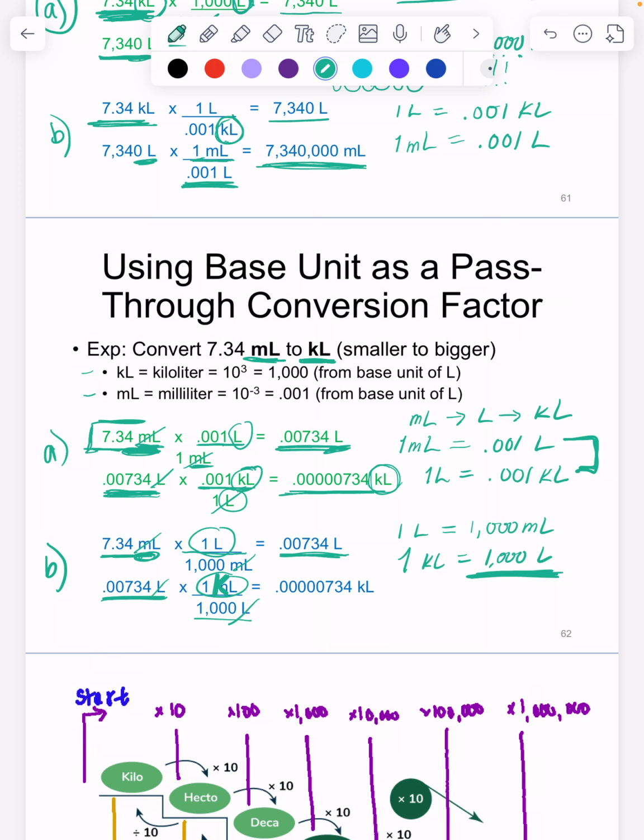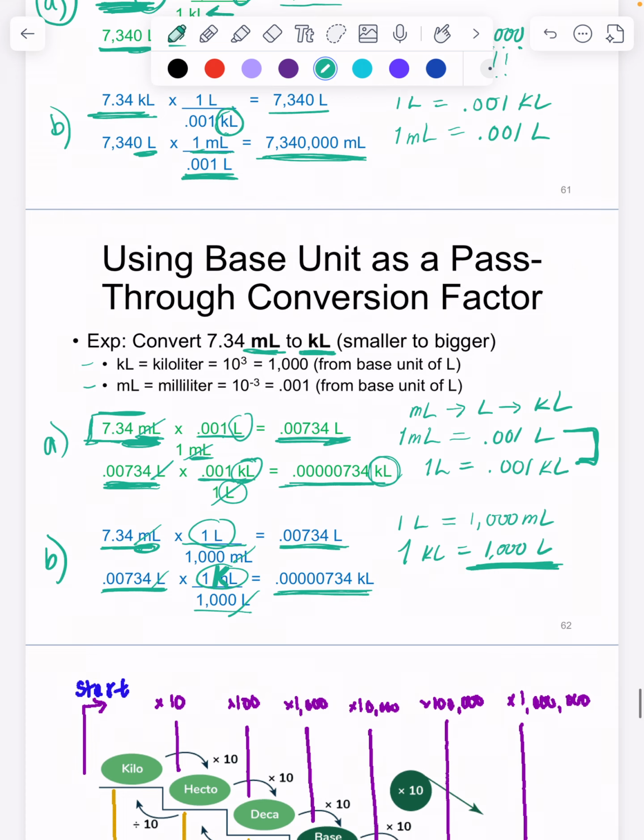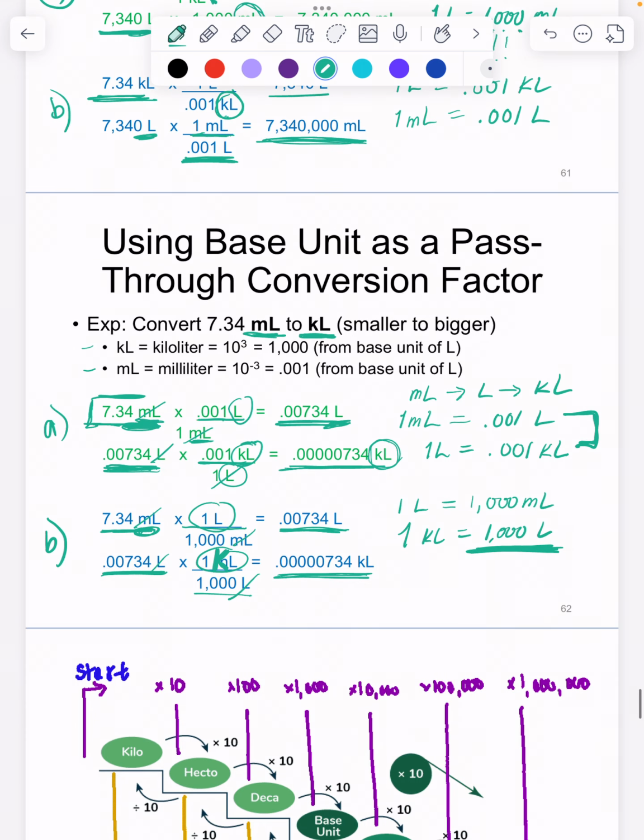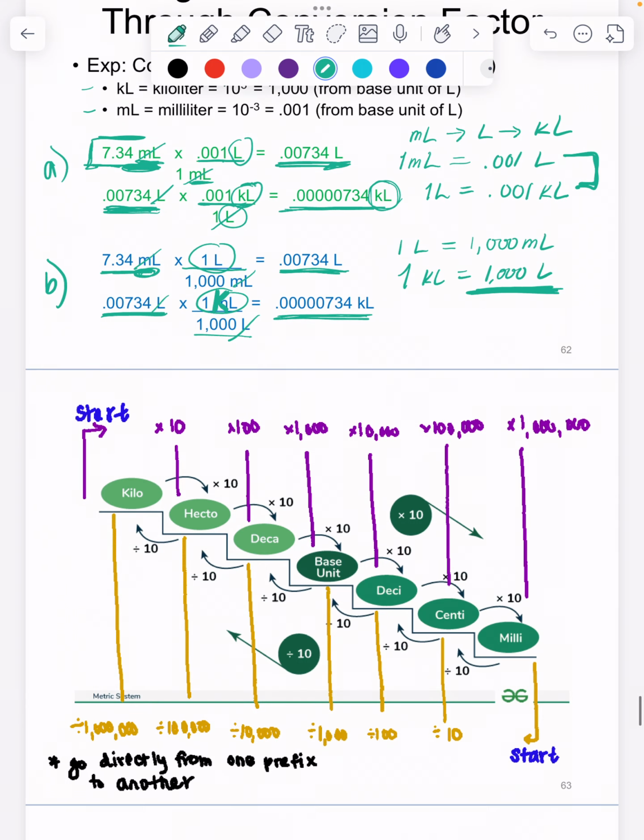So again, my lovely units cancel, and I end up with my very small amount of kiloliters. So this is what dimensional analysis looks like. All right, that's what it looks like, is it's just using our equivalencies as conversion factors.